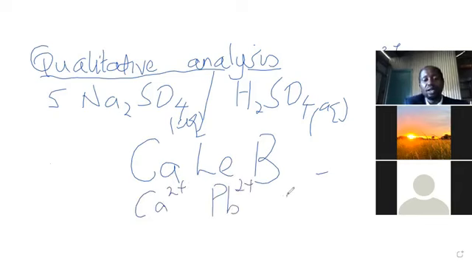So sodium sulfate tests for the presence or absence of those three cations. The expected observation is either white precipitate or no white precipitate.